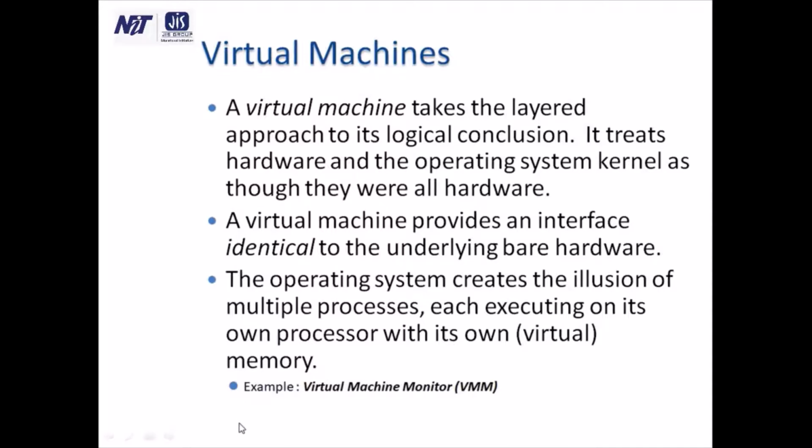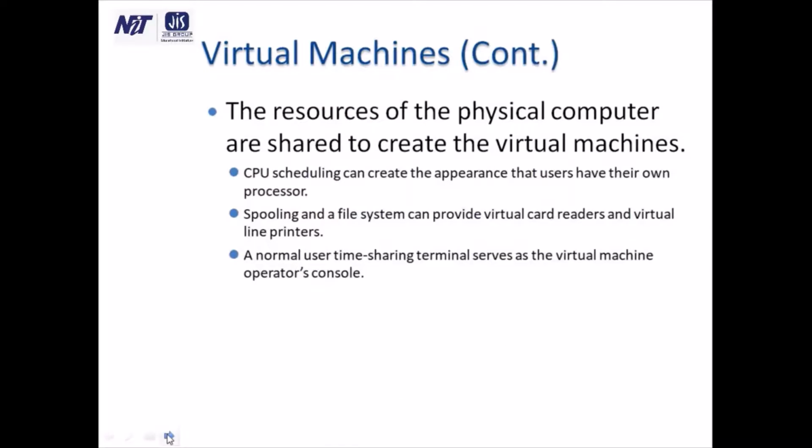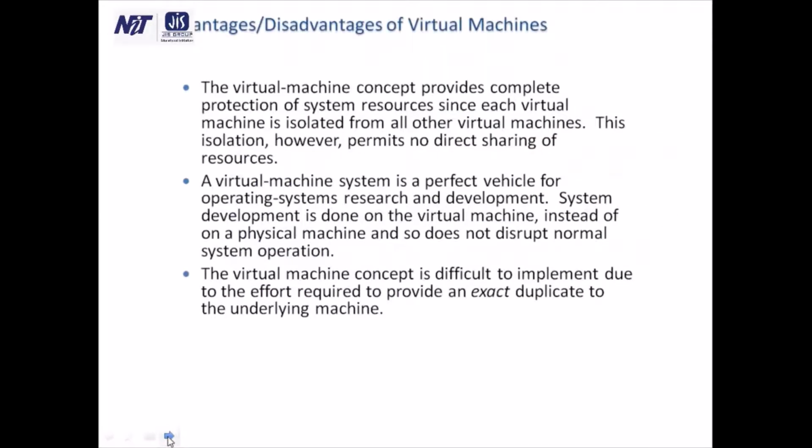The example is the virtual machine monitor. The resources of the physical computer are shared to create a virtual machine. CPU scheduling can create the appearance that users have their own processor. Spooling, the simultaneous peripheral operation online, and the file system can provide a virtual card reader and virtual line printer. A normal user time-sharing terminal serves as the virtual machine operator's console.